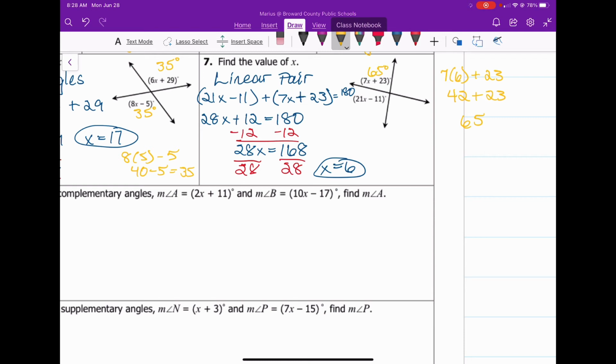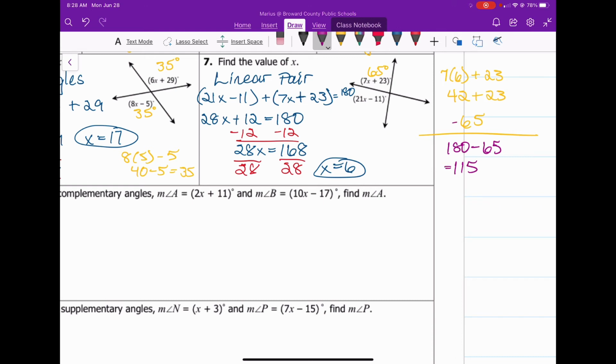If I wanted to know the other angle below, all right, I would just take 180 minus 65, which is going to equal 115.